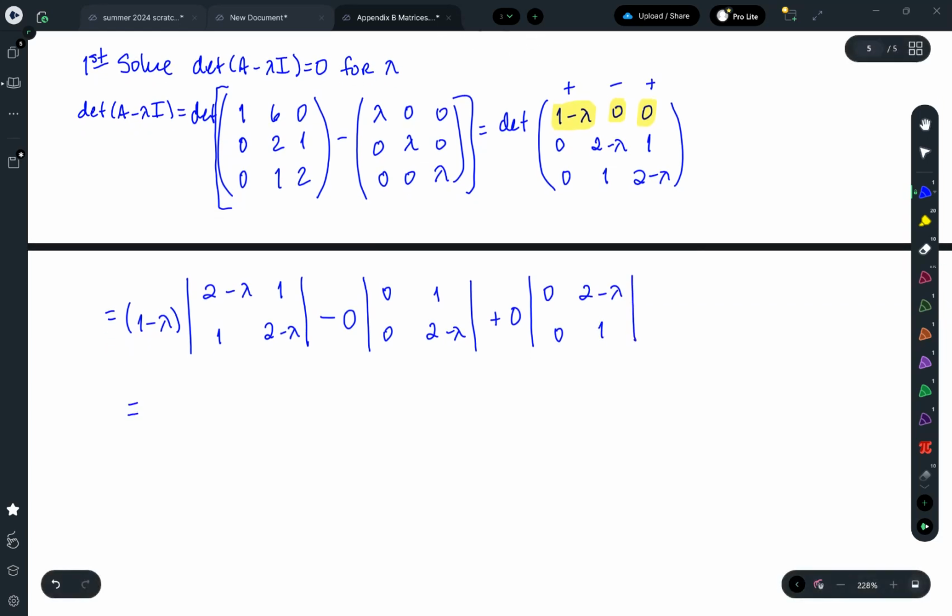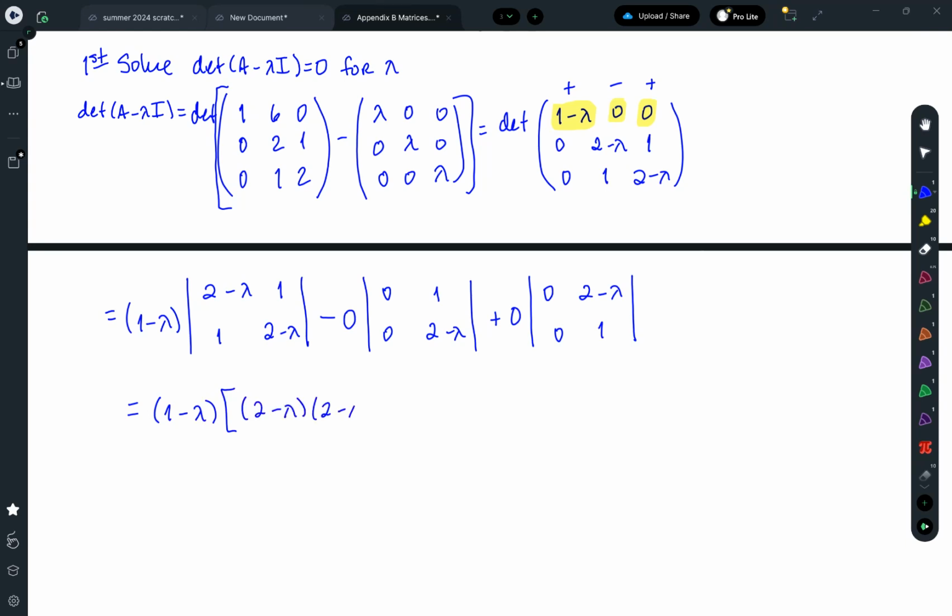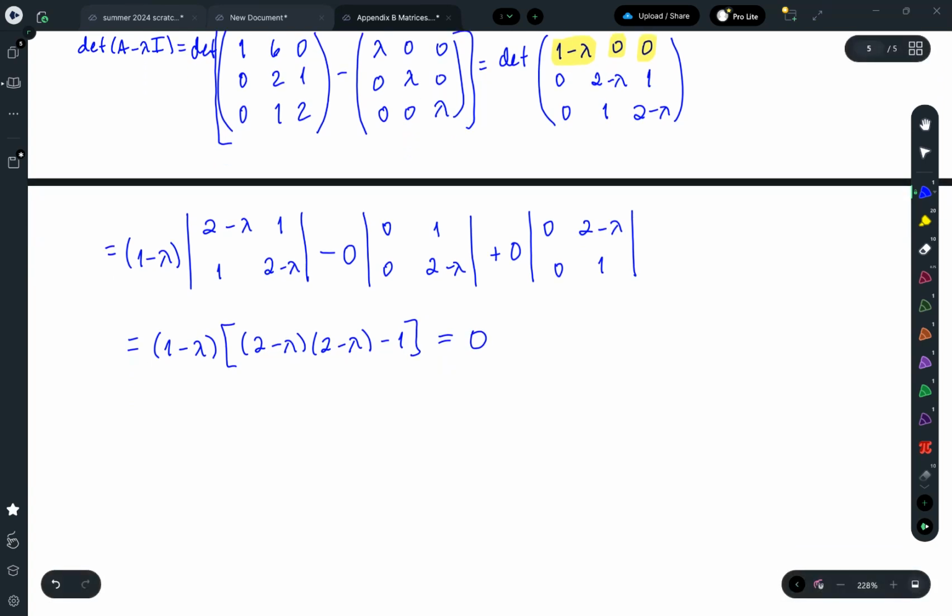Okay, and this is equal to the 1 minus lambda times, now in that 2 by 2, I need to do that diagonal product, so I have 2 minus lambda times 2 minus lambda minus 1 times 1. And then minus 0 and plus 0. And all of this needs to equal 0. So we're forcing it to be 0. Now, I need to multiply and distribute. So first, I'm going to leave the 1 minus lambda out because it's already factored.